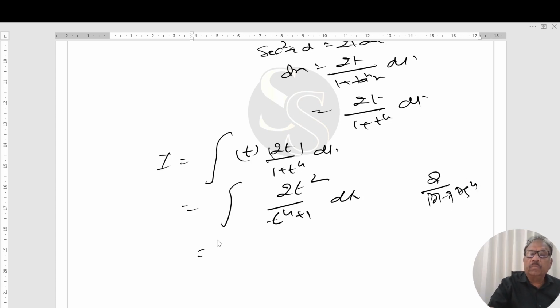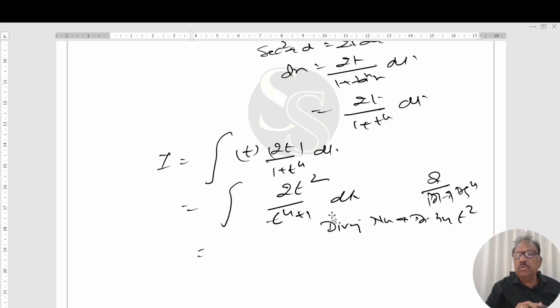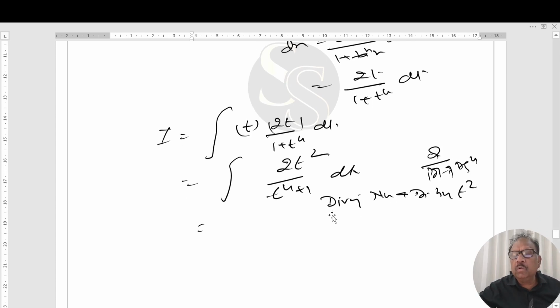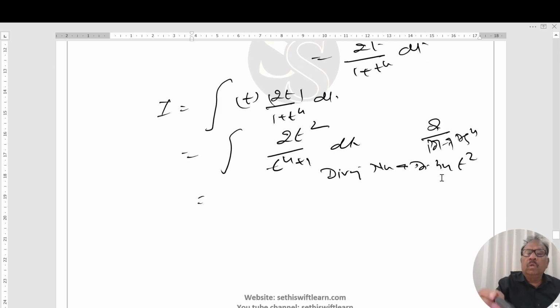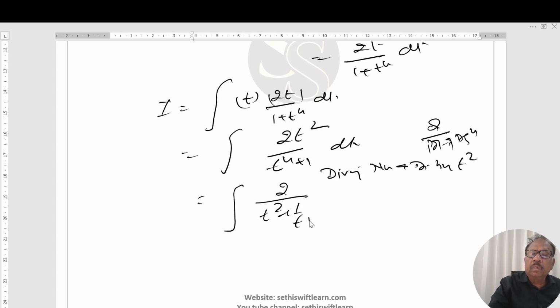Now, in this case, dividing numerator and denominator by t square, this comes out to 2 times the integral of 1 over t square plus 1 over t square dt.